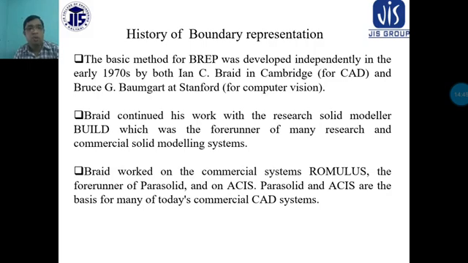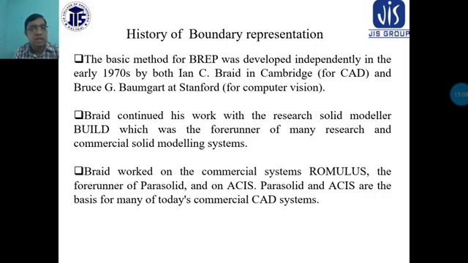And Braid worked on commercial systems, that means Romulus, the forerunner of Parasolid and ACIS.